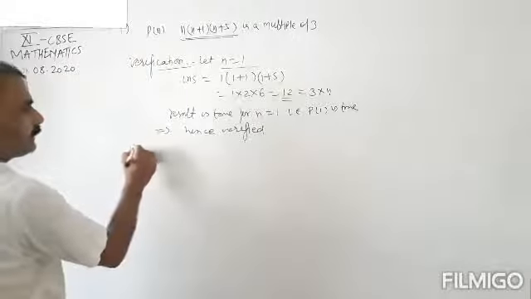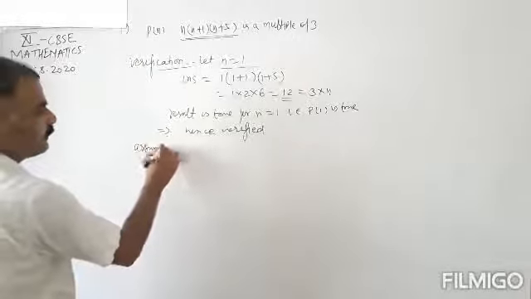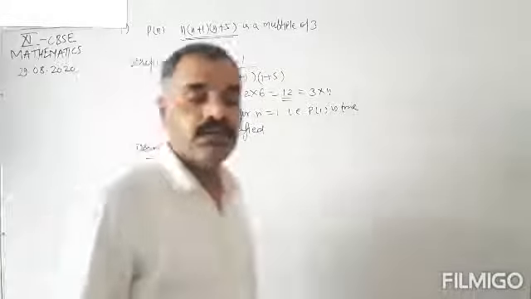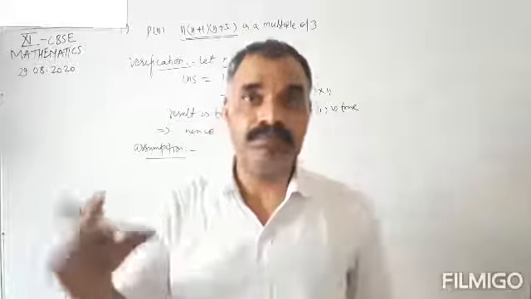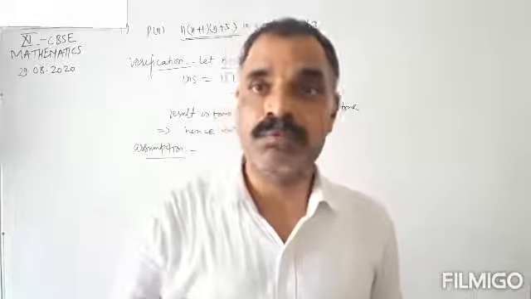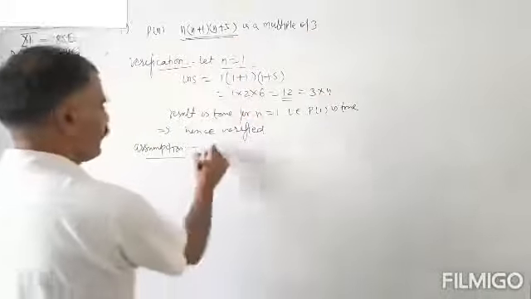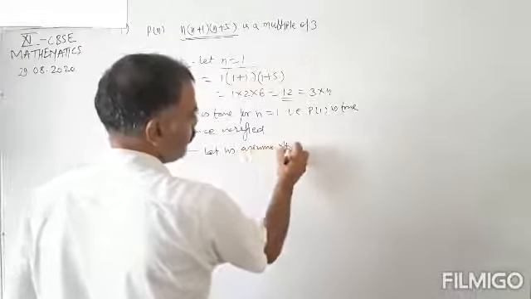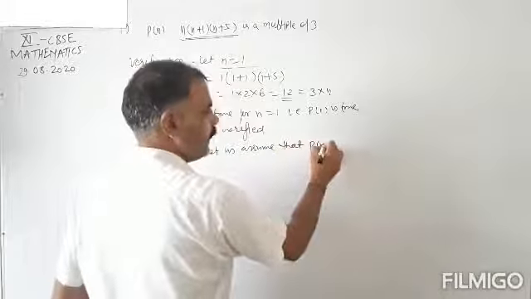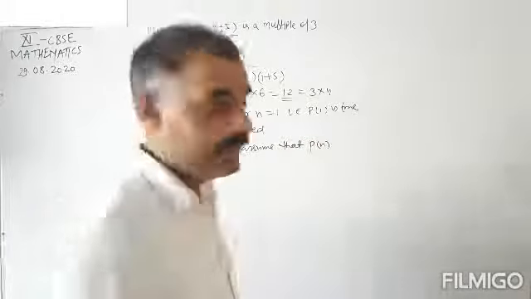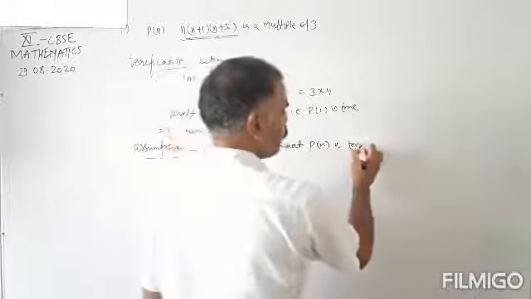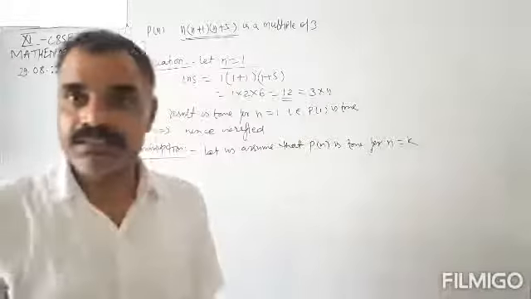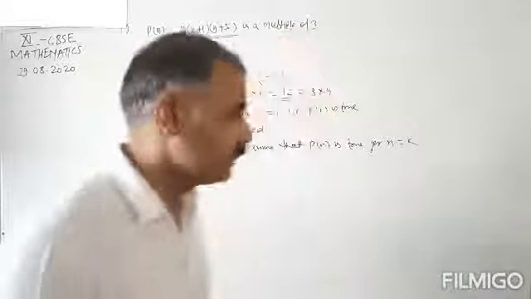Now the second step is the assumption step. In this step we will assume that the given mathematical statement is true for n equals to k. So let us assume that Pn, the given mathematical statement, is true for n equals to k.